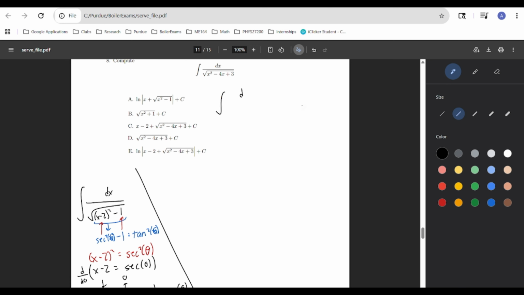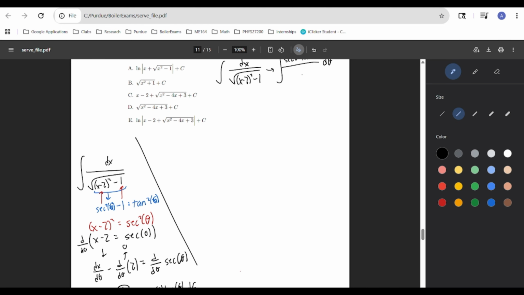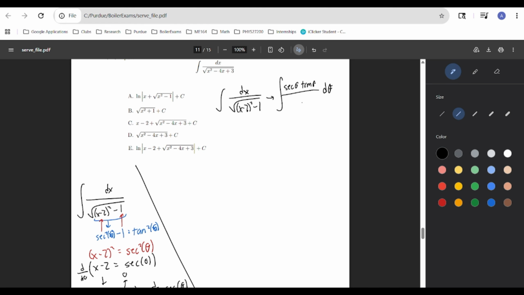Our integral of dx over x squared, x minus 2 squared minus 1, we can turn into whatever dx is equal to on the top, which would be secant theta tan theta d theta, and then over, we recognized before that we can set x minus 2 equal to secant theta, so this becomes secant squared theta minus 1.